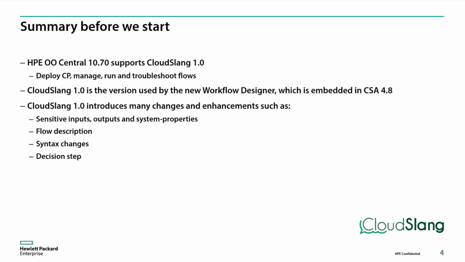This all occurred in CloudSlang 1.0, and it came from a big backlog and a big strategy and idea of making sure that future releases will be backward compatible to CloudSlang 1.0. Okay, this is just the summary before we start.